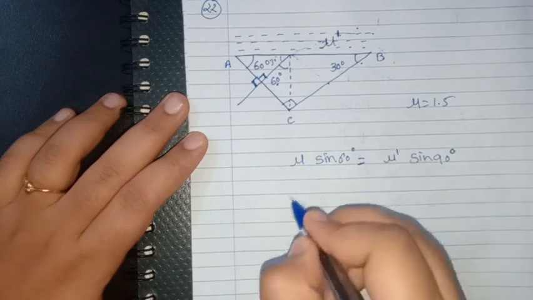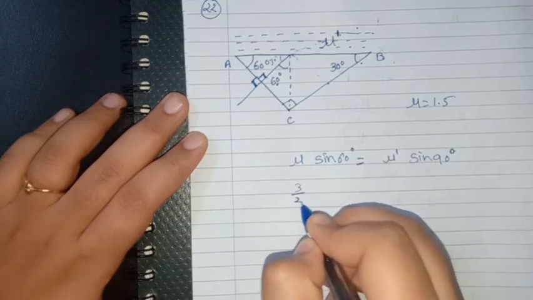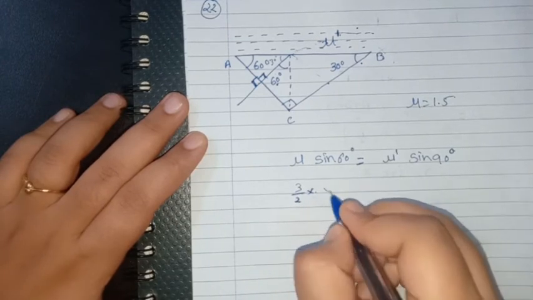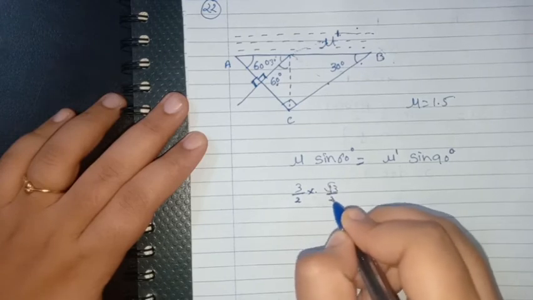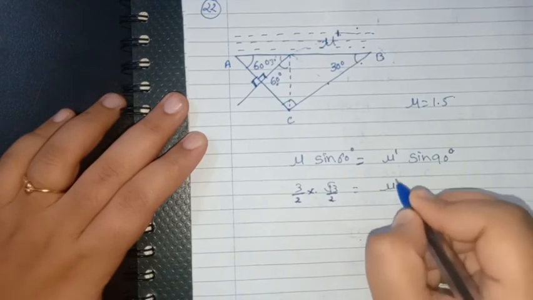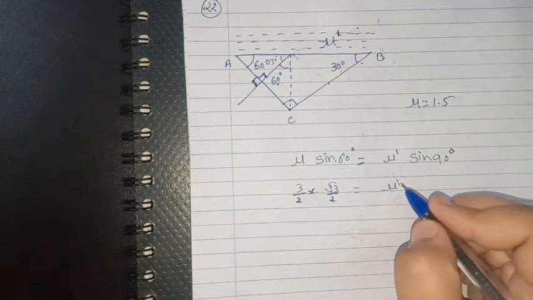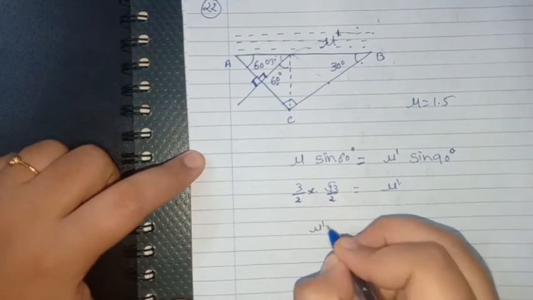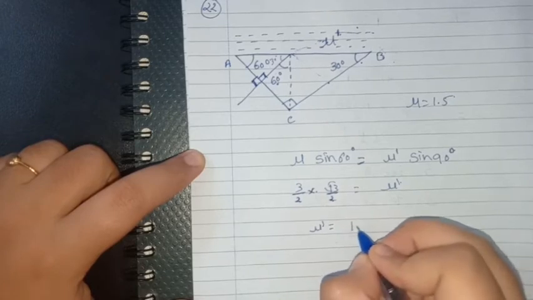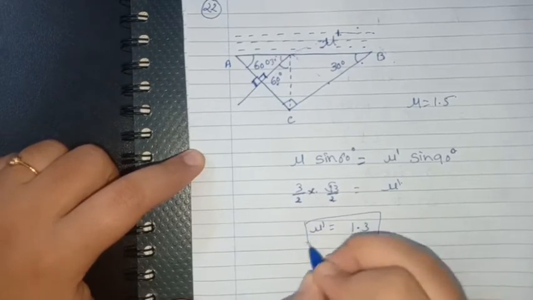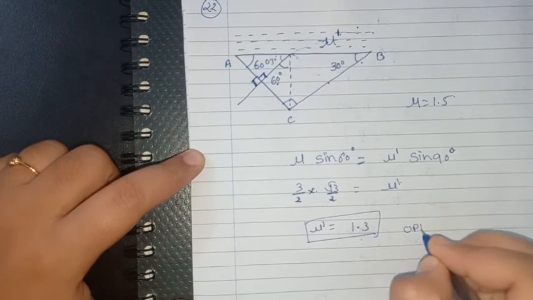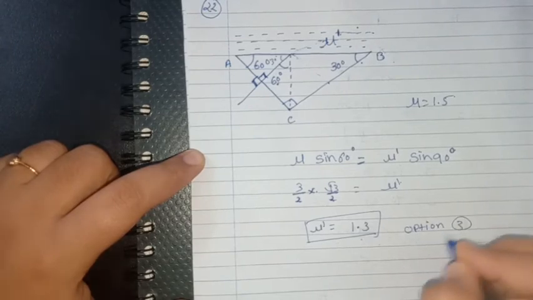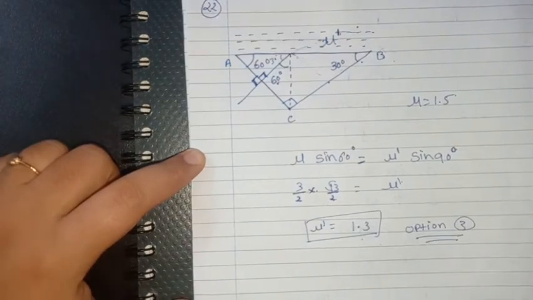So mu is 1.5, that is 3 by 2, into sine 60 degree, that is root 3 by 2, is equals to mu dash. So mu dash is approximately 1.3. So option 3 is correct option.